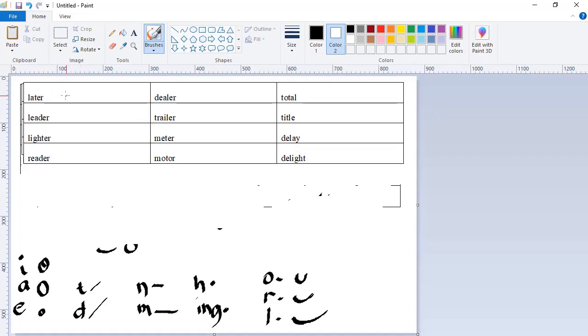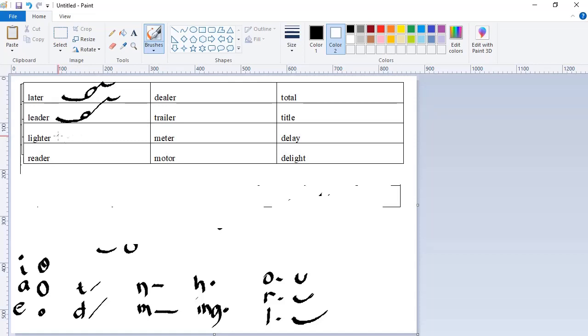When you say later, you have late, and then you have ter. Ngayon, yung T and R together is pronounced as ter. So you do not need the E there for you to be able to read that this is later. Okay? Next, leader. So we have lay, and then we have der.